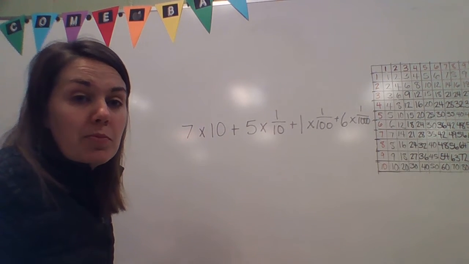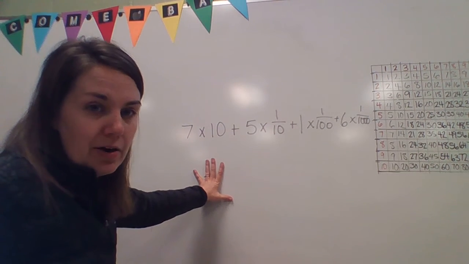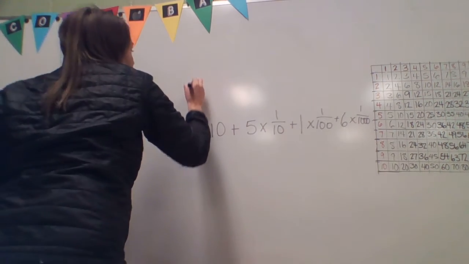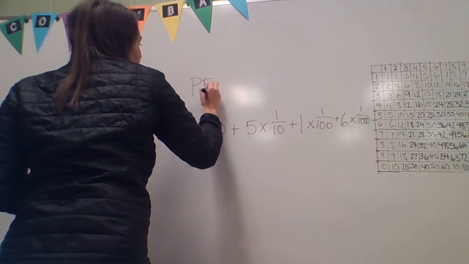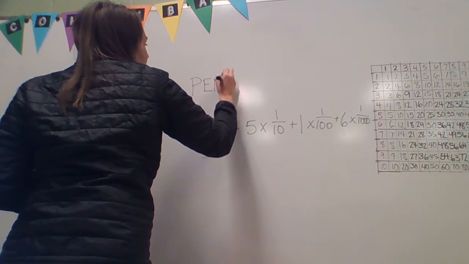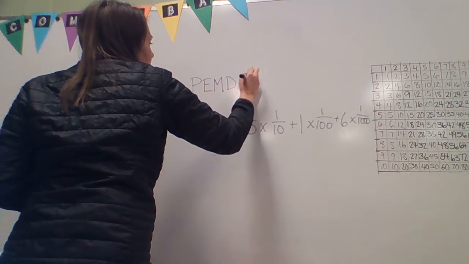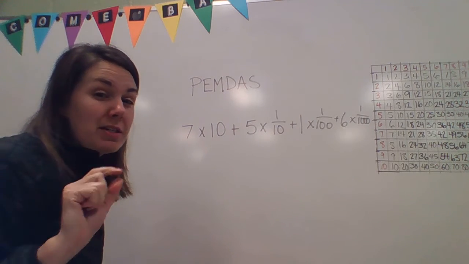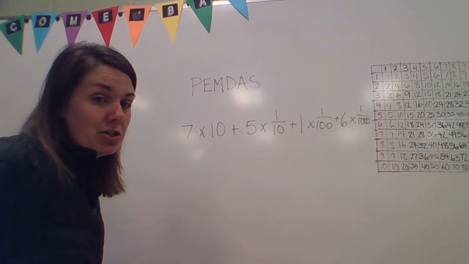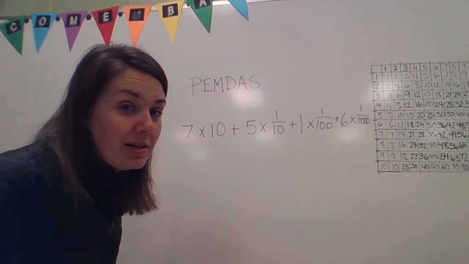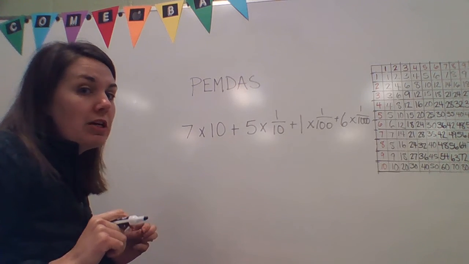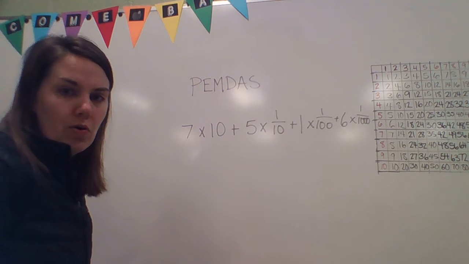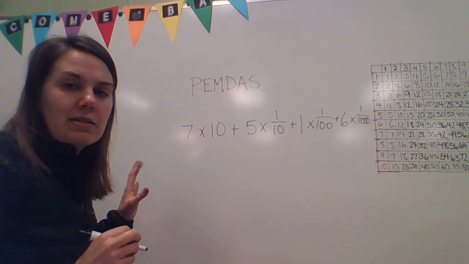So in order to properly figure this out, we're going to have to introduce something called PEMDAS, which is really going to be something you will expand on more when you get to middle school. But when you get to middle school, if you can tell your math teacher that you know about PEMDAS, she or he is going to be really excited, because that is the order.